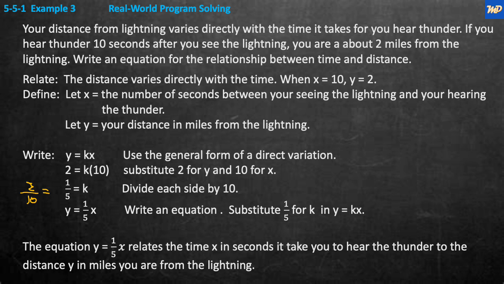Now your equation is y is equal to 1/5 x. So the equation y equals 1/5 x relates the time in seconds it takes for you to hear the thunder to the distance in miles you are from the lightning. Okay?